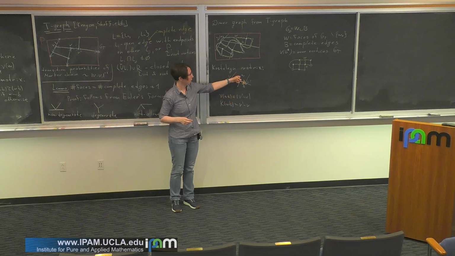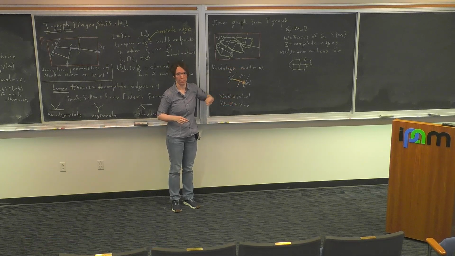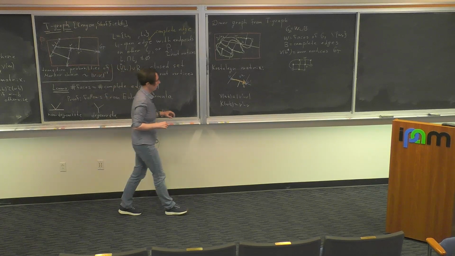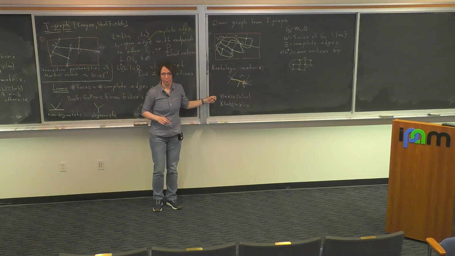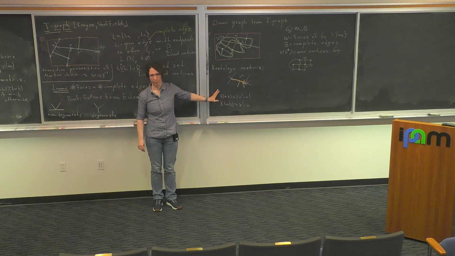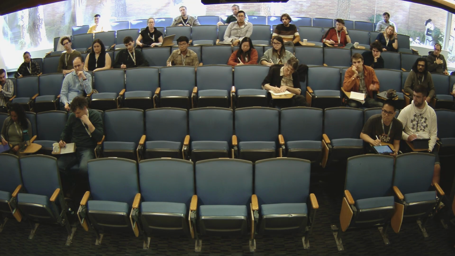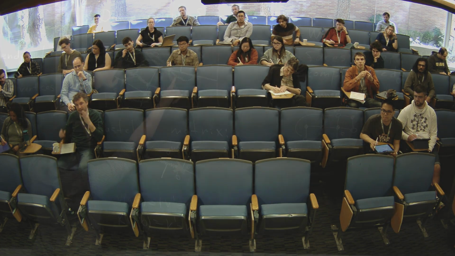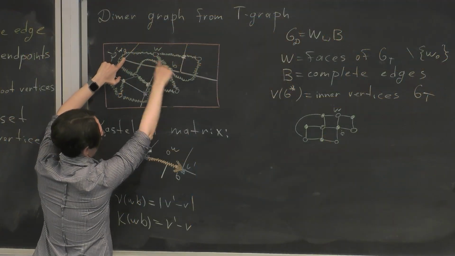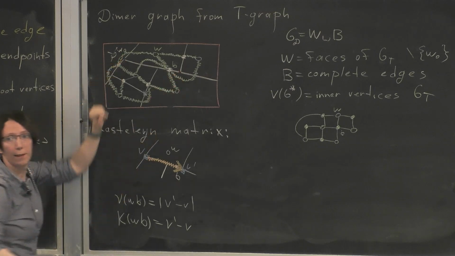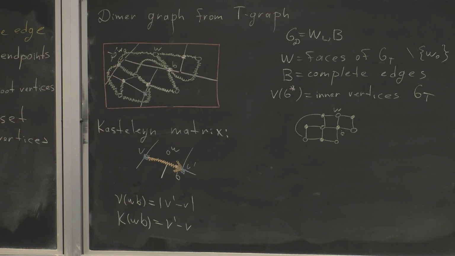I will say that the white vertex is always on the left of my edge. Is it clear how we define the Kasteleyn weights? The point is that it's not the whole length of the complete edge, but just a portion. Yes, it's just a portion, and which portion? Exactly the portion which is the side of the corresponding face.